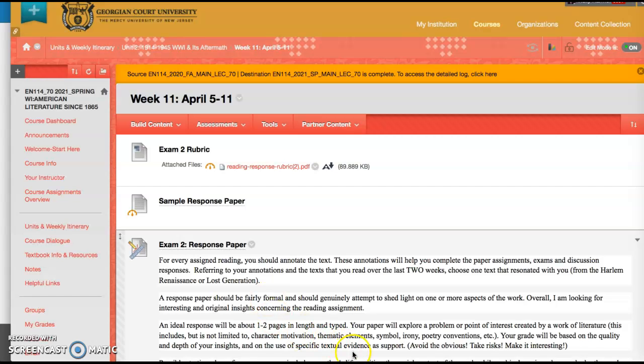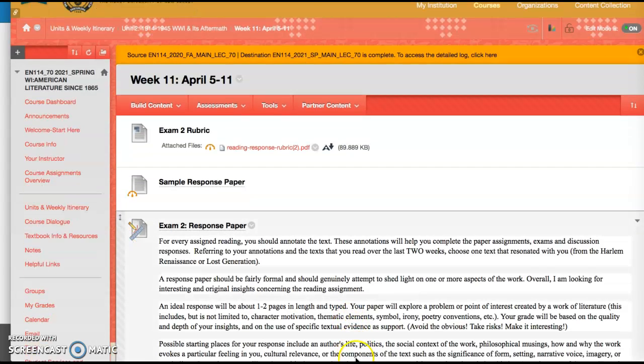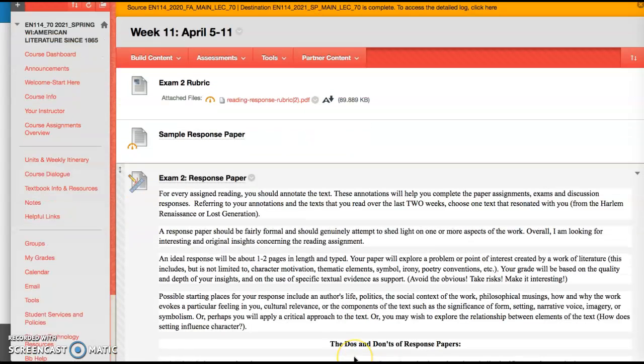This text must either be from a modernist time period, it could be from the Lost Generation, or it could be from the Harlem Renaissance. Basically you are choosing one text to respond to. You can talk about a thematic characteristic, you can talk about a stylistic characteristic, talk about how, once again, we're given insight into the literary time period.